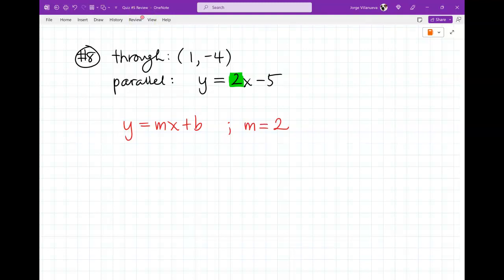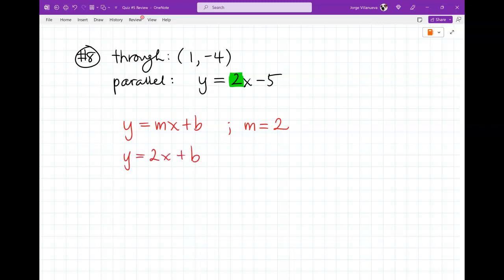The slope for this brand new line has to be 2 as well because if they're going to be parallel, they have to have the same slope. All right, let's plug that in.